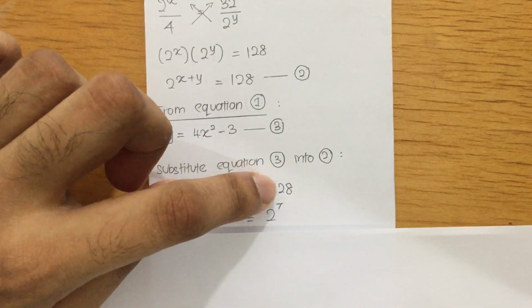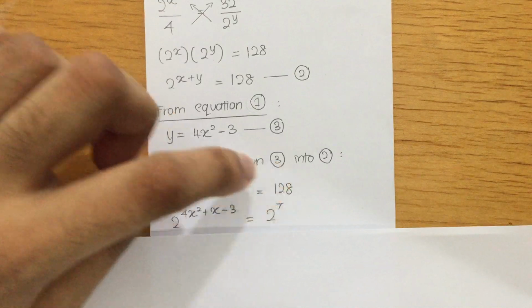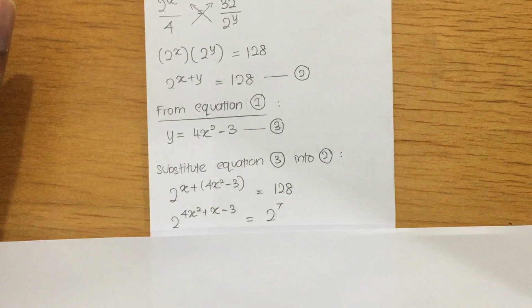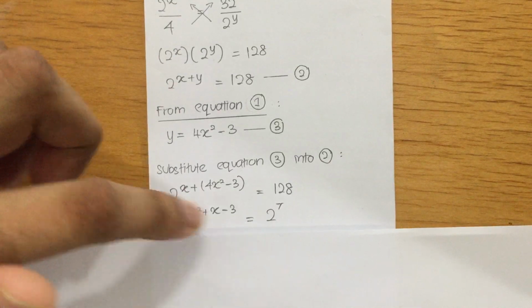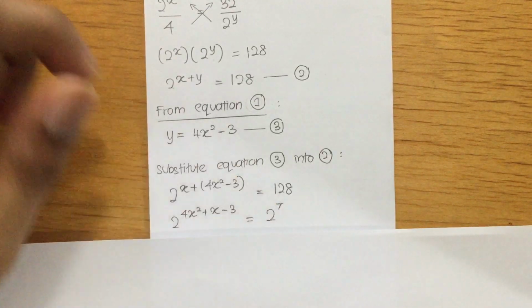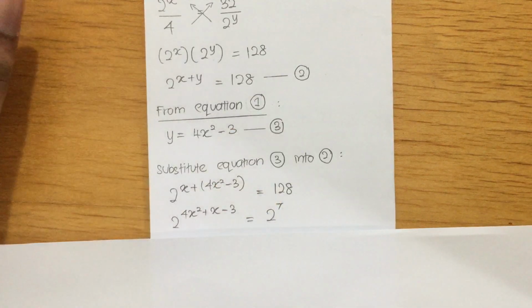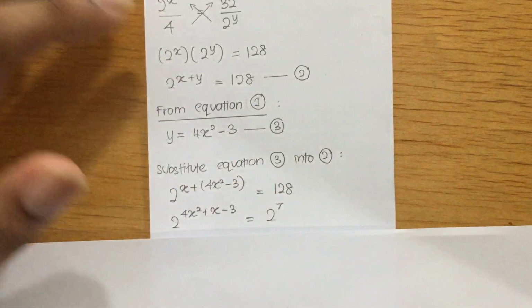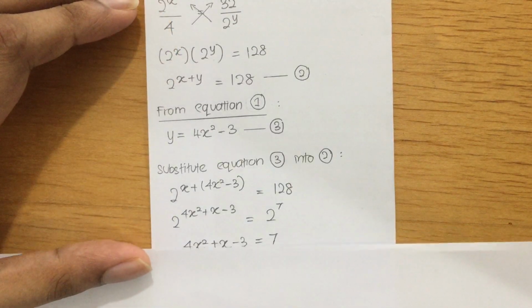As you know, guys, 128 we can simplify to 2 to the power of 7, since they are both equal. Since we have already made our base the same, we can now cancel the base 2 and focus on comparing the quadratic expression over here with the number 7 over here.